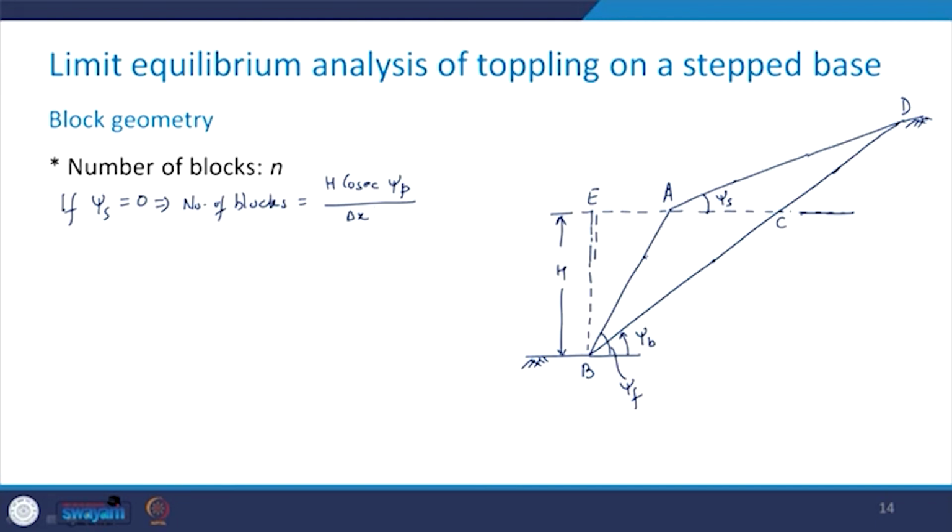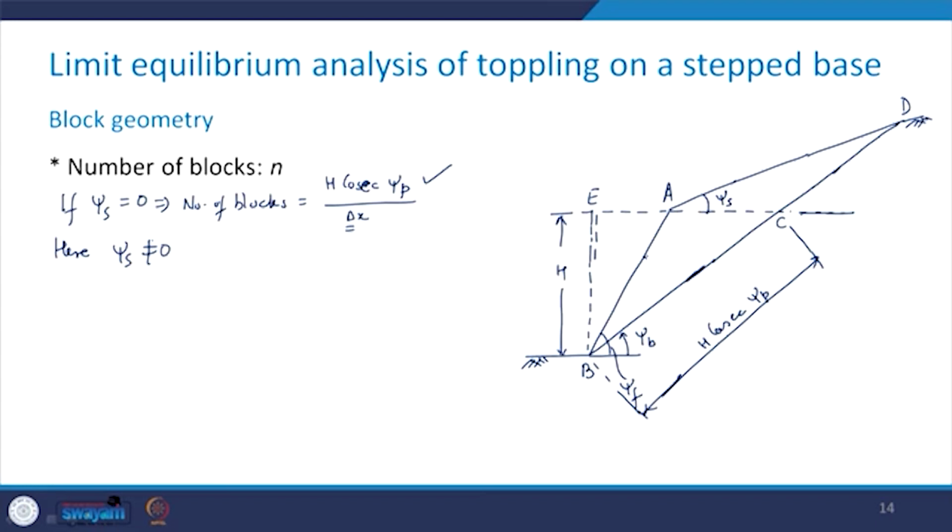I am assuming that for each block this delta x is going to be the same, because this distance would have been H cosec psi p and delta x was the dimension along this basal plane. So, if I divide that by delta x, I am going to get the number of blocks. But in this case psi s is not equal to 0, it has some value.